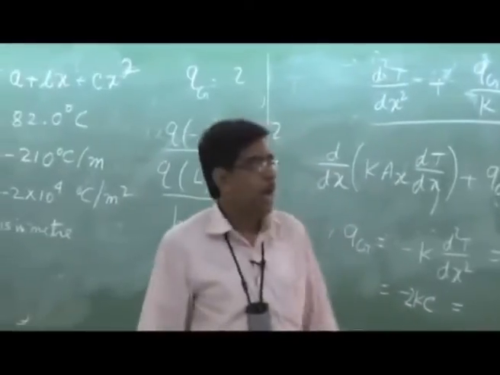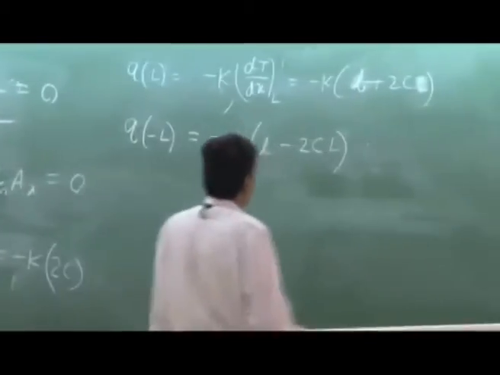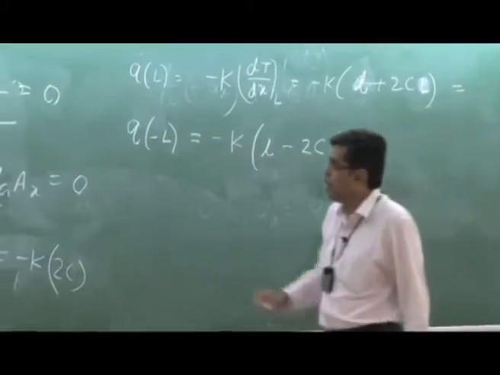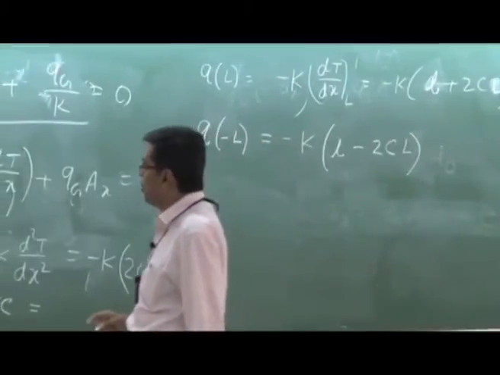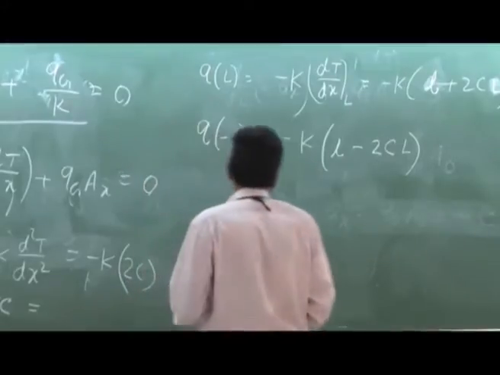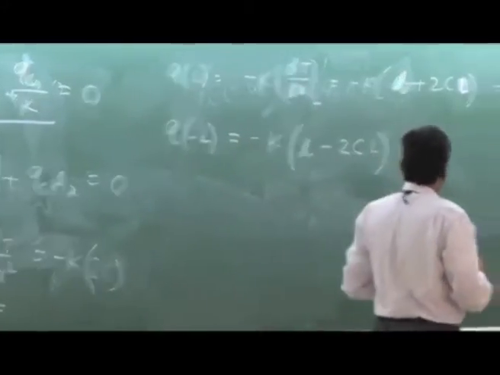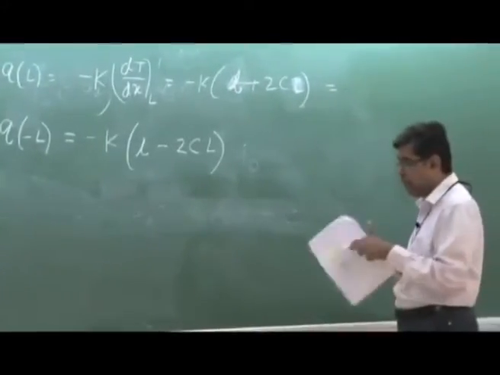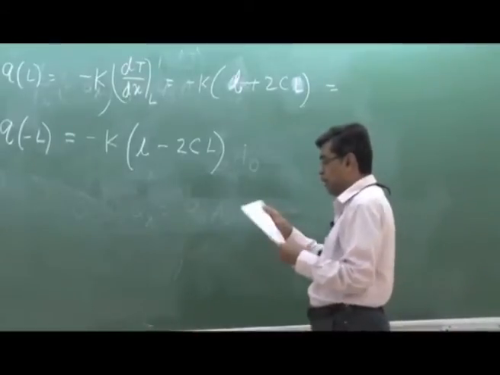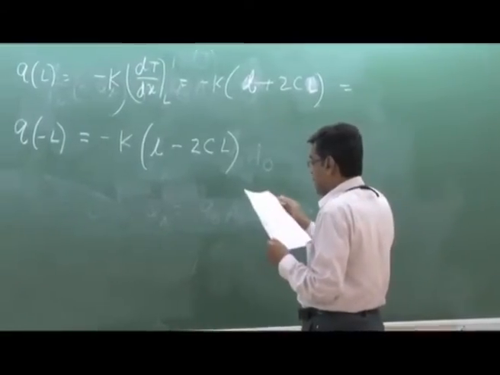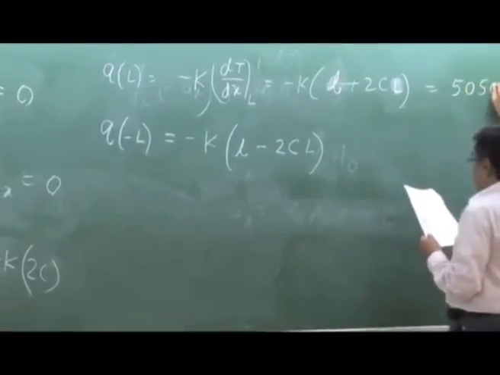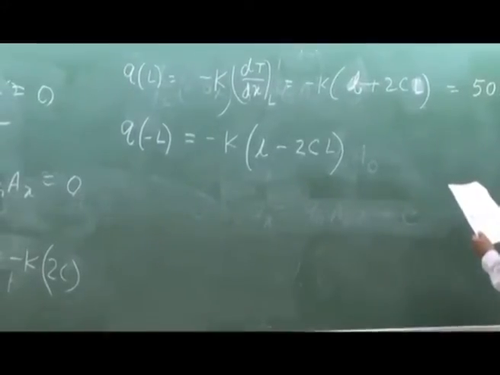minus K (B minus 2CL), because x is plus L and x is minus L. Clear? And the value, if you put the value of K and the value of B, K is 5 and B is minus 210, and the value of L is 20 millimeter here, plus L minus L, 2L is 40 millimeter, you get the value of qx at L as 5050 watt per meter square, because it is per unit area.